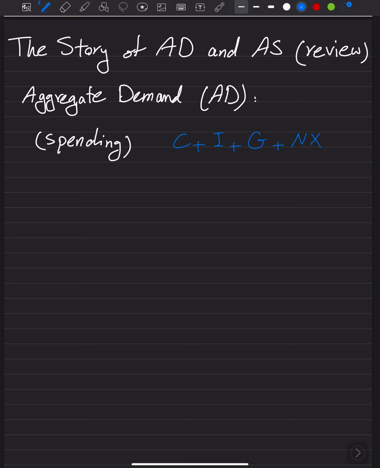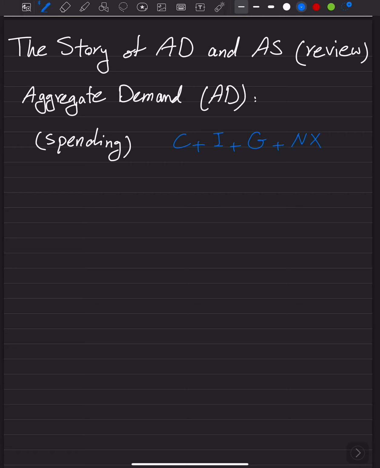Now imagine prices in the economy are like a signal to the buyers. When prices drop, people feel richer, so they are going to buy more. Businesses find it cheaper to borrow money and invest, and exports become cheaper, so other countries buy more goods from our country.